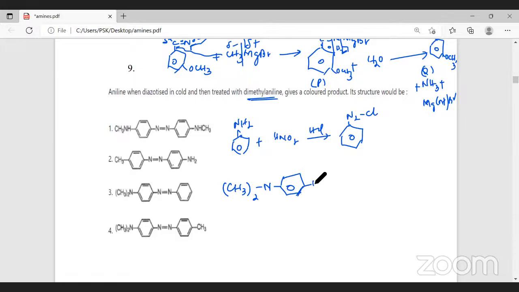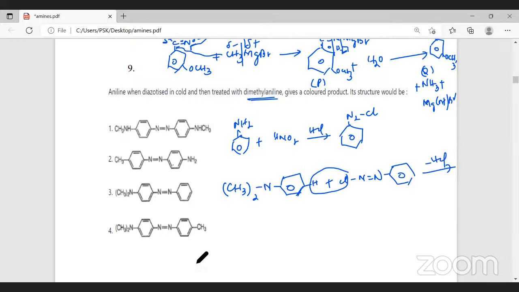So if I show a hydrogen atom here at this position, and benzene diazonium chloride, if I write like this, Cl, N2 you can write as N double bond N, and this benzene ring. So what happens? This H and Cl get eliminated.